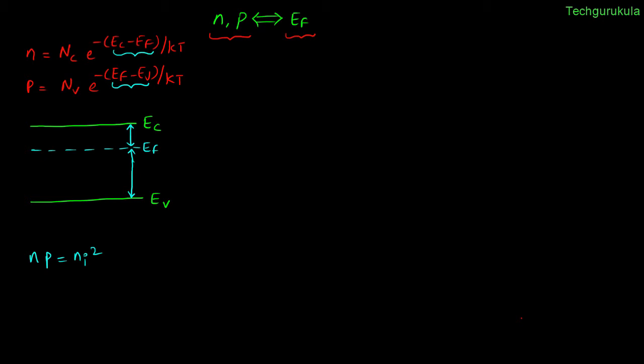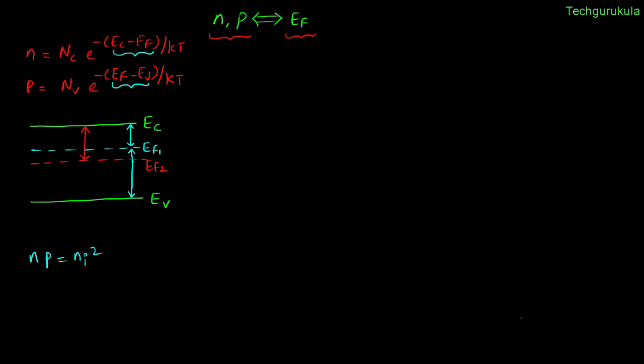Now to understand what happens when the Fermi energy level changes, let me take the Fermi energy level for the next case to be slightly below the first case. To distinguish this, let me call the first one EF1 and the second one EF2. In the second case, Ec to Ef is higher compared to the previous one.